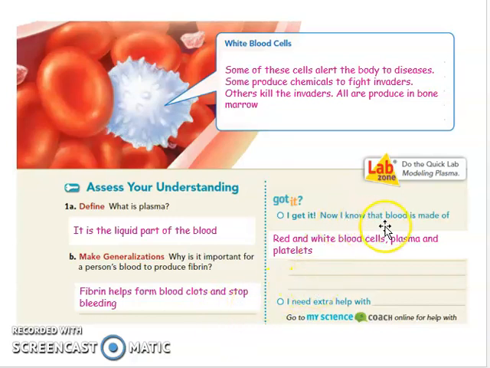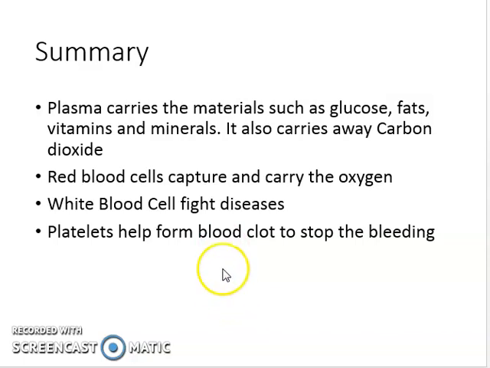Next is, what do we know about the blood now? We know about the composition of the blood, which are red and white blood cells, plasma, and the platelets. Let's make a short summary about our discussion. The 4 components of our blood are plasma, red blood cells, white blood cells, and platelets.